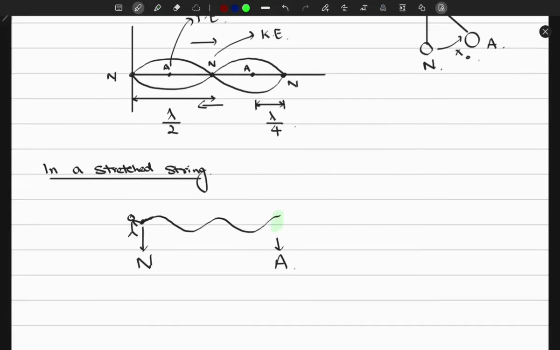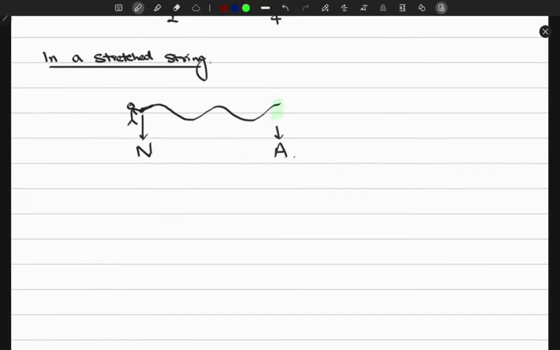Now, you could also consider another example where the string is fixed at both ends, and it would look something like this if I oscillate the string. You could imagine someone holding the string at both ends, and nodes are always formed at these fixed ends.